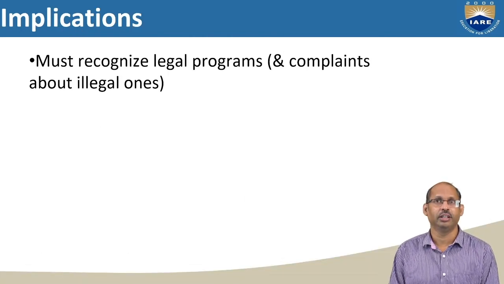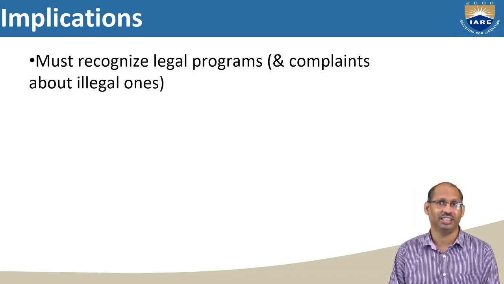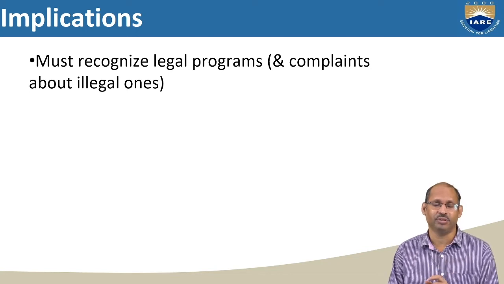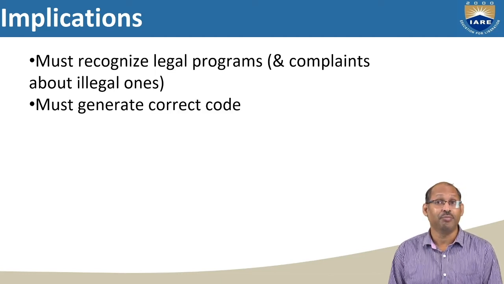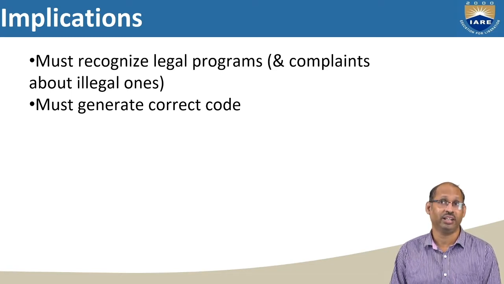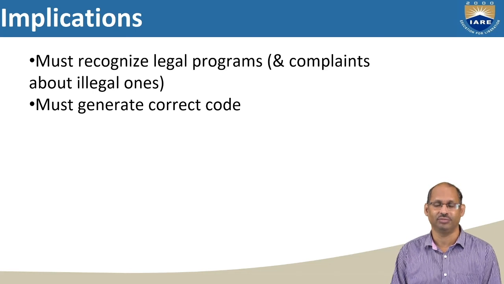So finally, the compiler must recognize all the legal programs, and it must generate error messages for any wrong statements in the program, such as mistakenly typed statements giving wrong outputs, right? It must generate the correct code, right? It must recognize legal programs. It must generate the correct machine code.